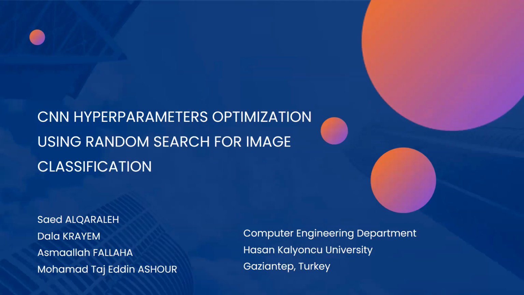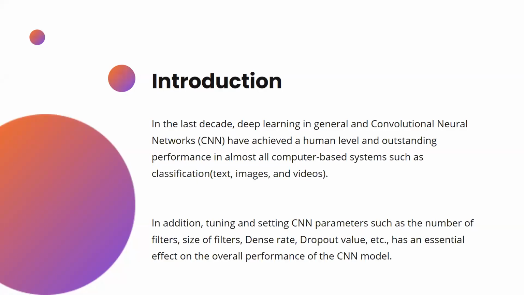This study is about CNN hyperparameters optimization using random search for image classification. CNN and deep learning have excelled in nearly all computer-based systems over the past few years, especially in text, image, and video-based classification. CNN models require a lot of time and expertise, and they get better or worse depending on these parameters.